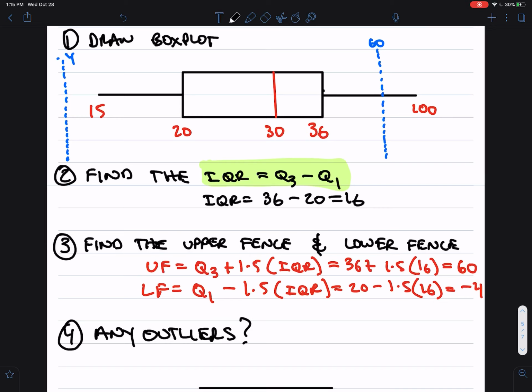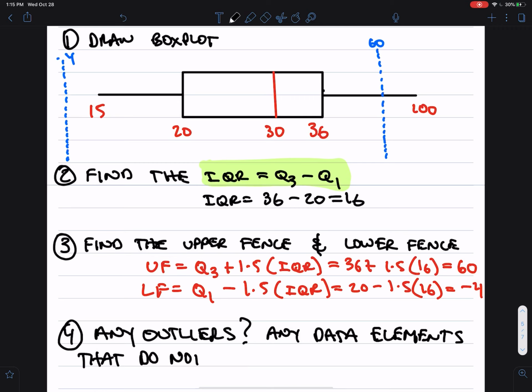So outliers are basically any data elements that do not fall within the lower fence and upper fence. Any data element that does not fall within the lower fence and upper fence is called an outlier.